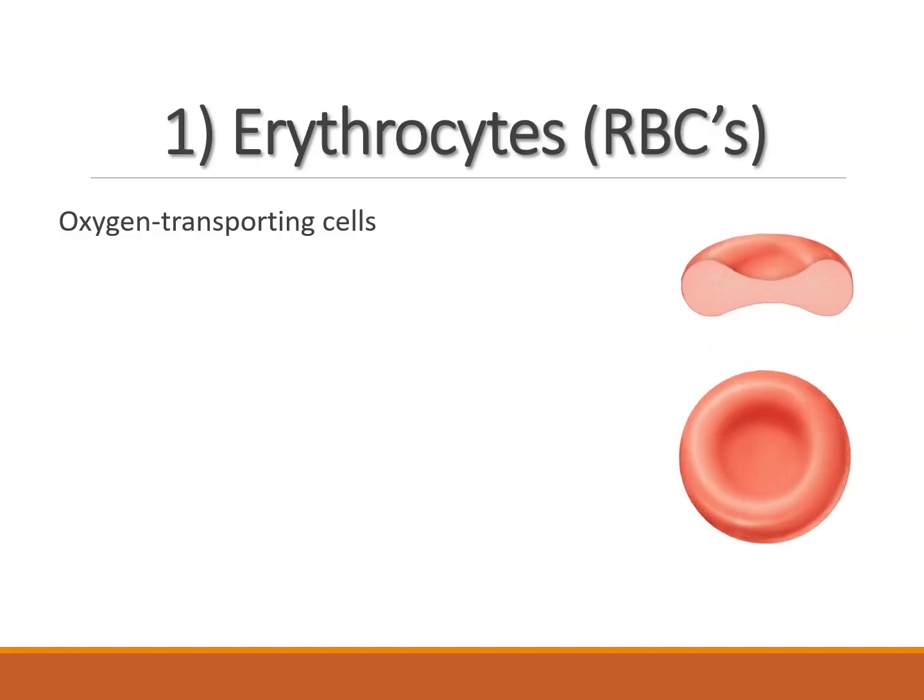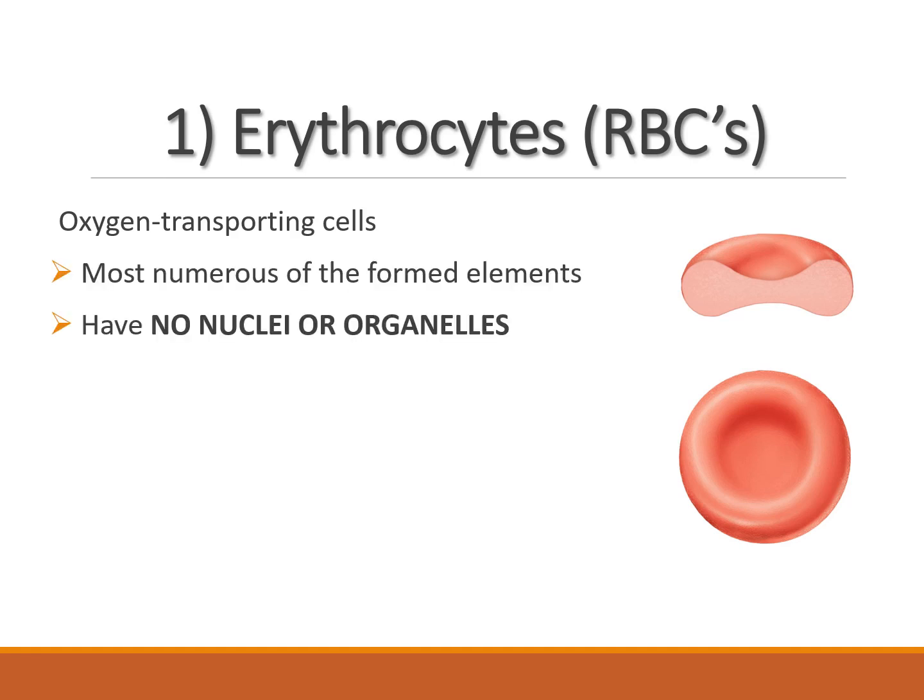So let's first talk about those red blood cells, or erythrocytes. Their whole job is to transport oxygen, right? So they are the things that are carrying the oxygen from the lungs to the cells of the body. They are the most numerous, so the majority of our blood cells are red blood cells.